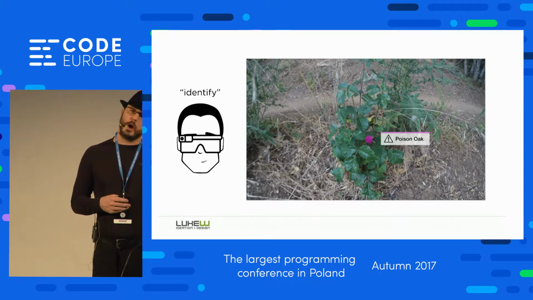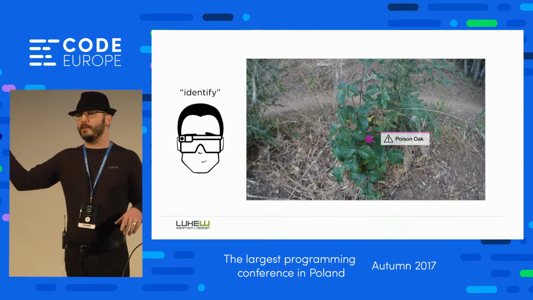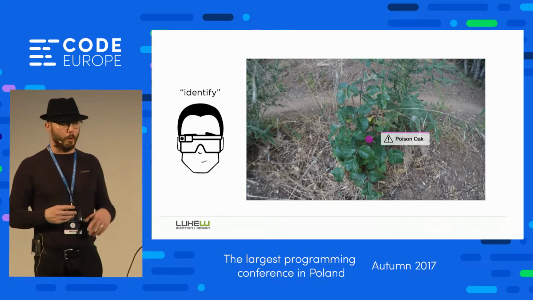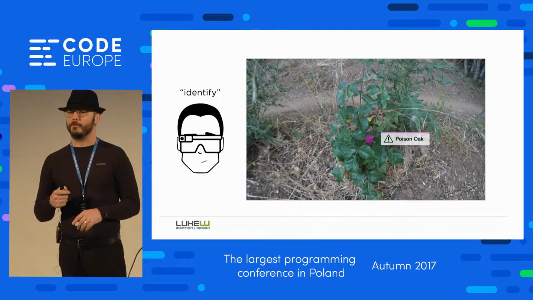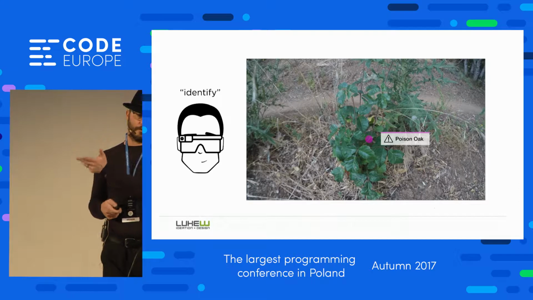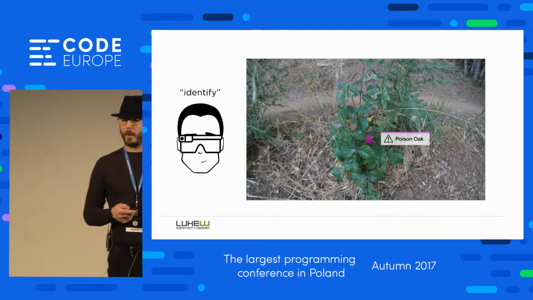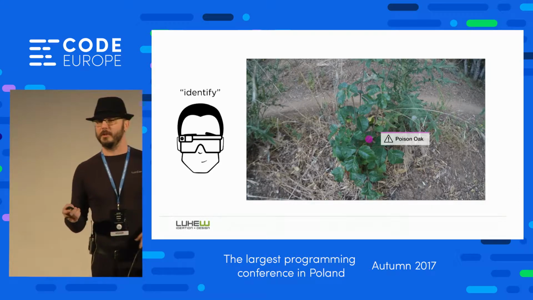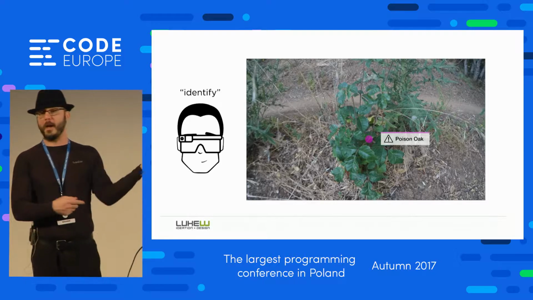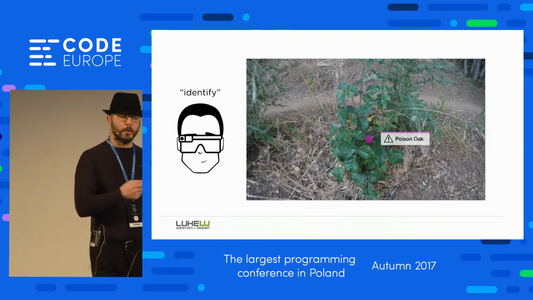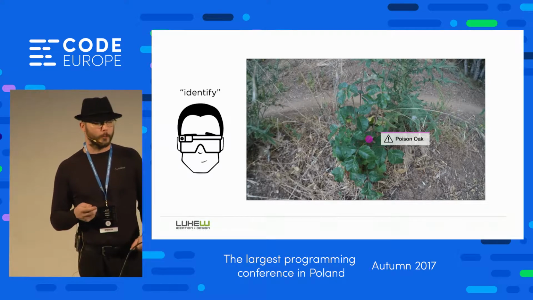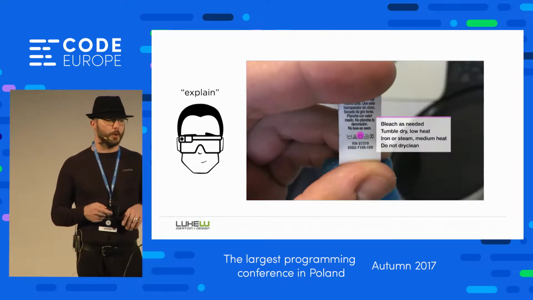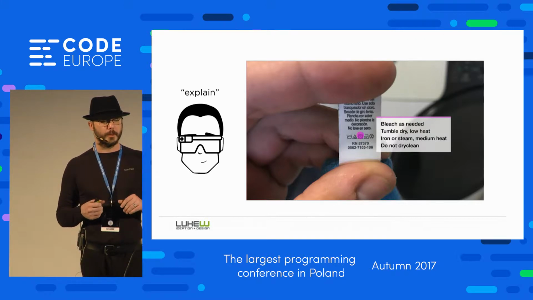You are in a shop, you have a lot of products on the shelf, and you want to know the reviews, what your friends are thinking about this product or this product or this product. Maybe the ranking on Amazon is not as good as you would expect, or it's better than you would expect. You use this additional information in order to make your choice. This is one possible use of augmented reality.